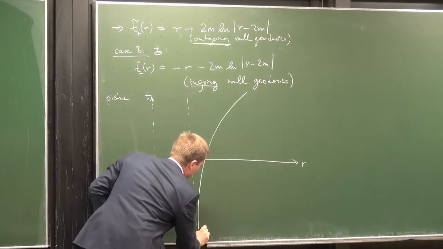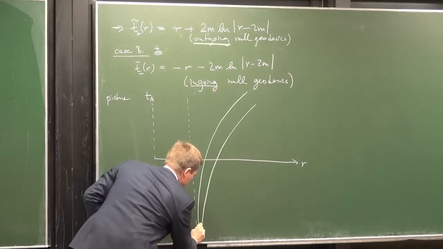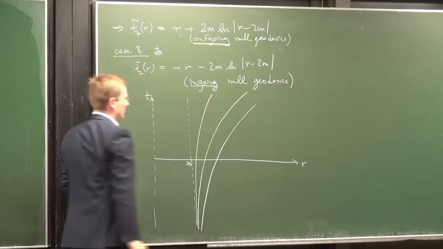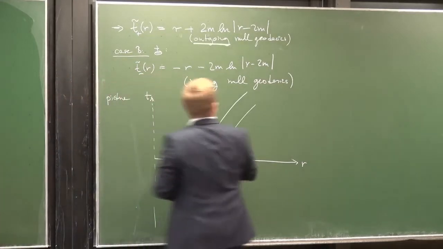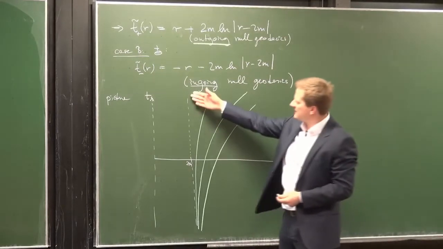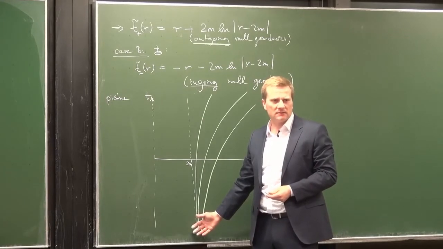They all go asymptotically to here, and they go somehow like this. That is for r greater than 2m. For r equals 0, I must not even look at it because r equals 0 is not part of the chart.